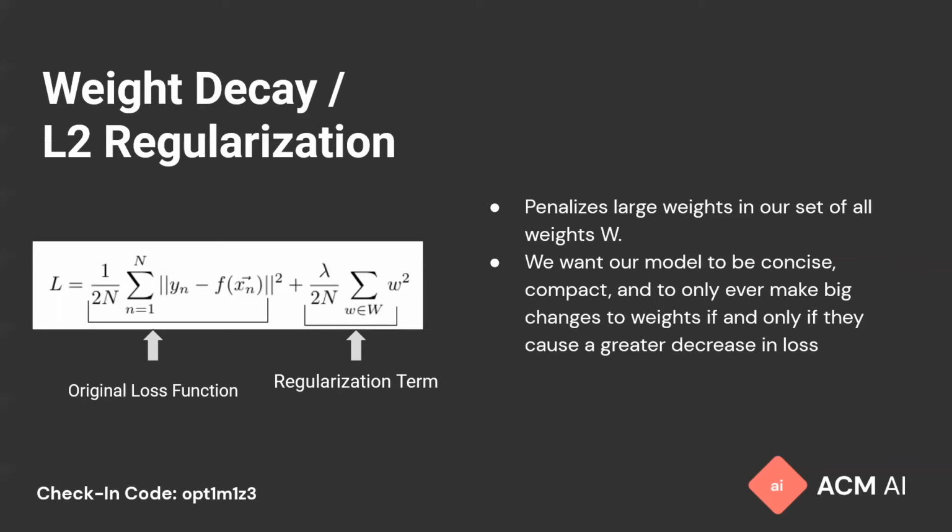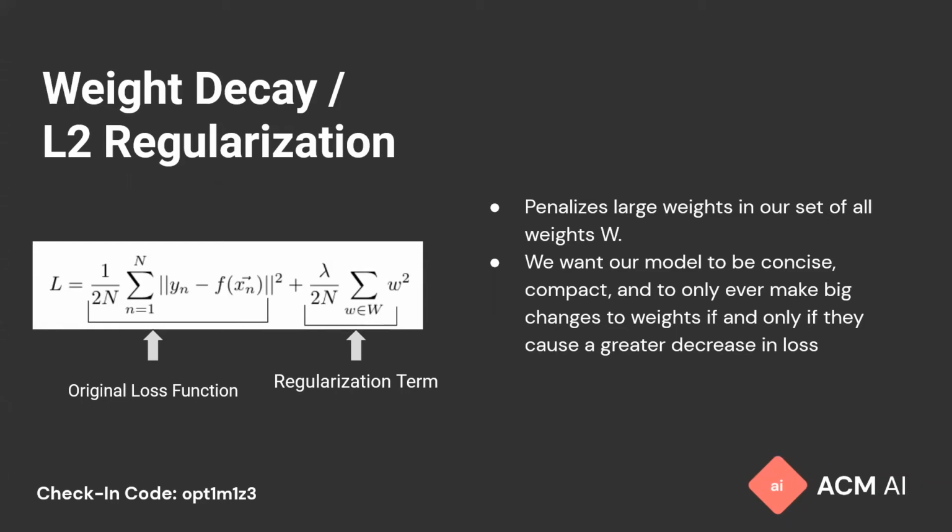So, penalizing large weights. Let's talk a little bit more about that. There's a technique called regularization, and there are two common versions of it: L1 regularization and L2 regularization. Both of them penalize your model for having very large weights.